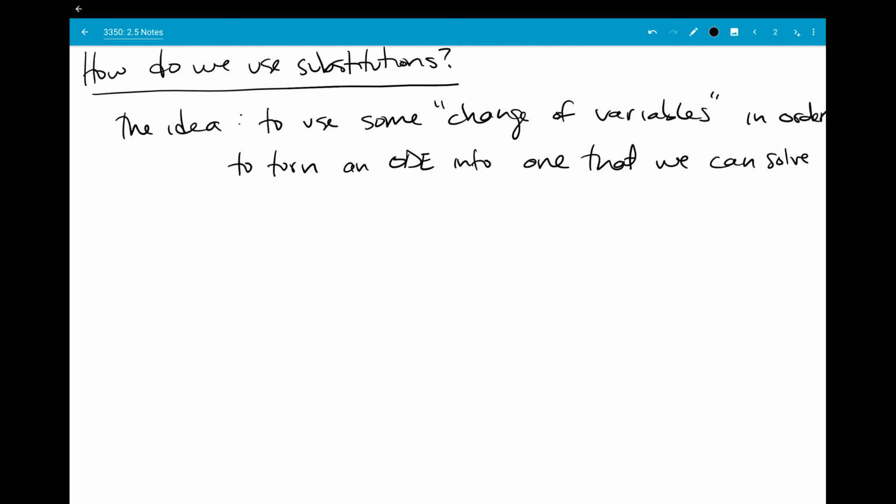And when I say a differential equation that we can solve, I'm talking about the tools that you've learned up to this point, so something that's linear or separable. That's what substitution means in general.